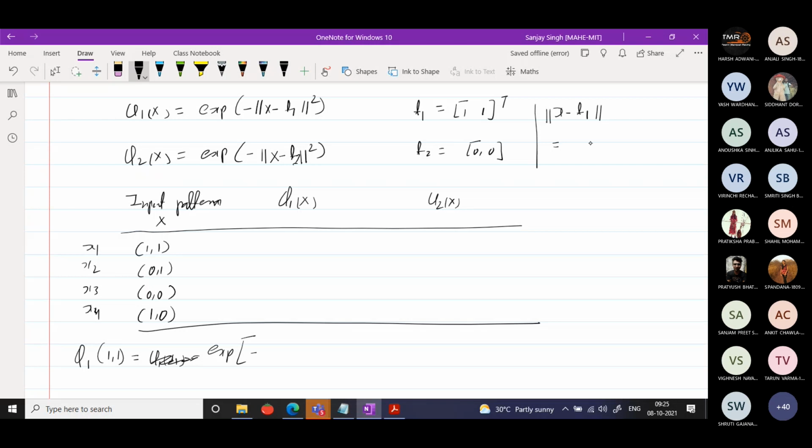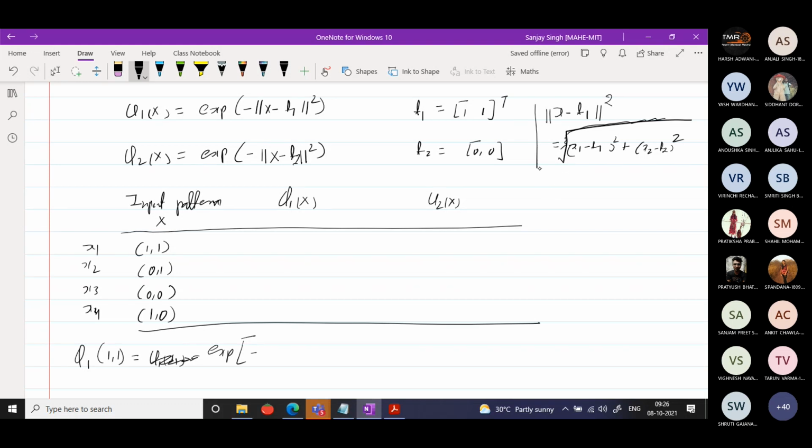If this is two-dimensional, it is x1 minus t1 squared plus x2 minus t2 squared, and the square root of that. But because the square is already there due to the Gaussian, the square root part will not be there.